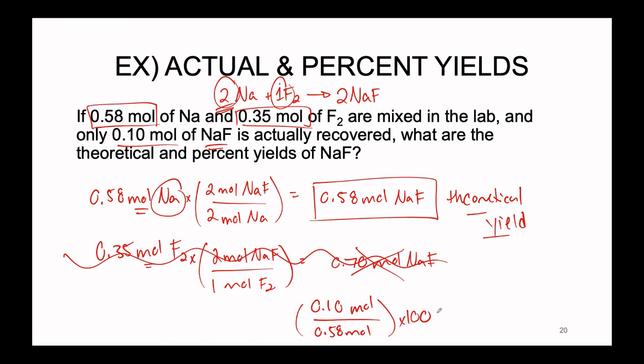We're going to multiply that by 100. This is going to give us a percent value equal to 17. So from start to finish in this problem, we had so much reactant, we wanted to make so much product, but we were only able to make 17% of what we were hoping for. This is what a percent yield is.